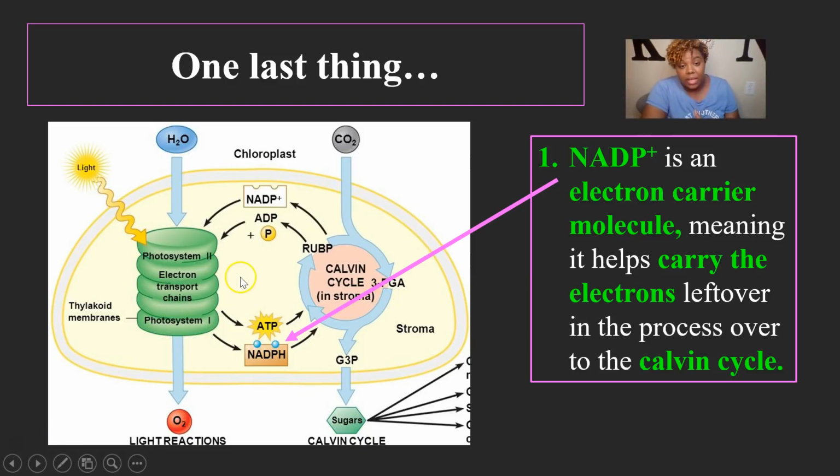So, over to the Calvin cycle, sorry. If you look right here, we see that in light reactions, it's pointing an arrow out as if it's taking those electrons from light reactions and giving them to the NADP, and they're going to help carry the electrons to the Calvin cycle, so ultimately it can make glucose or your sugar, because Calvin makes sugar.